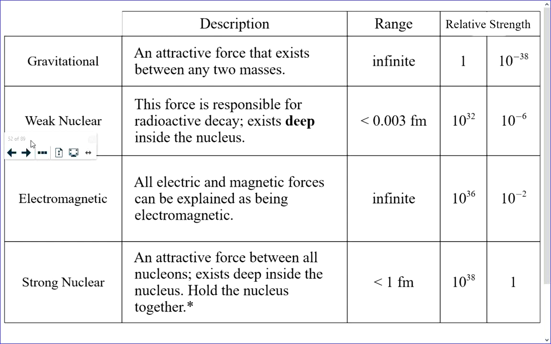So what are these forces? Gravitational is the weakest. These are from weakest to strongest. I don't care for this final column. I would rather assign the number 1 to the weakest force in the universe. By the way, these are strengths at nuclear distances. The force of gravity between the Earth and the Sun is bigger than any electric force.